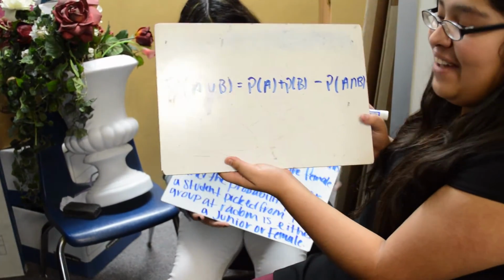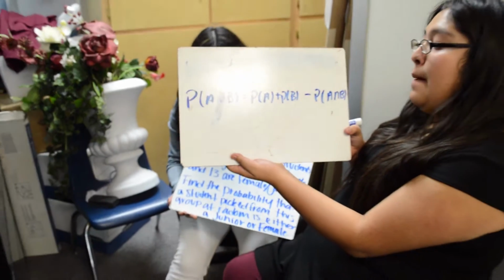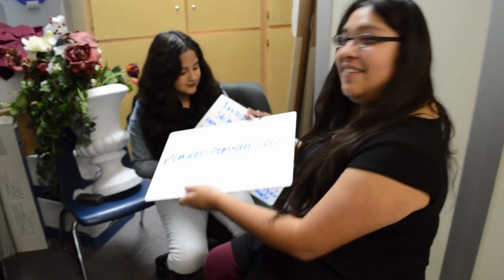Yes. It is like this. The probability of A or B is equal to the probability of A plus the probability of B minus the probability of A and B. I will be using this equation to solve this problem.